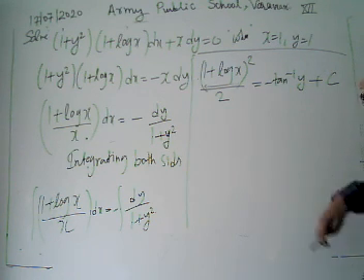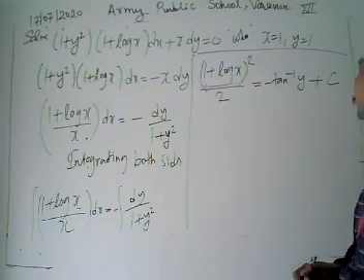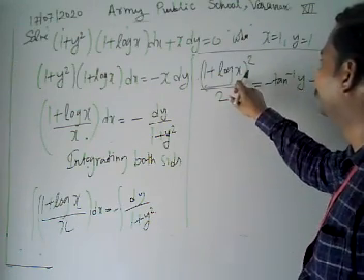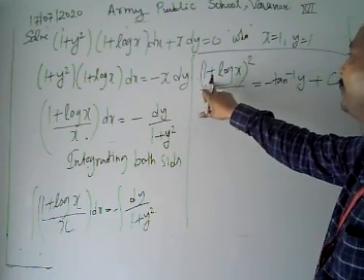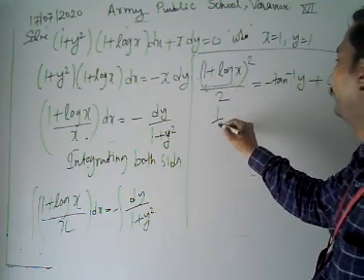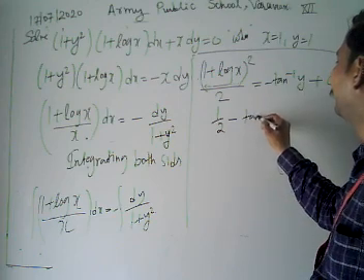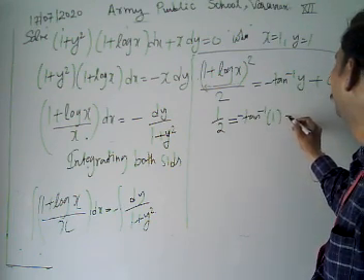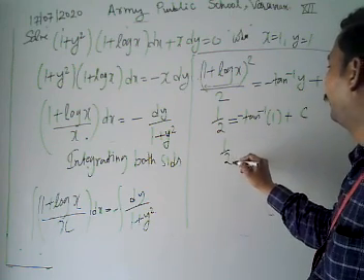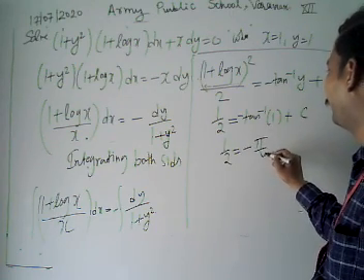We have to put the condition now. When x is 1, y is 1, log 1 is 0, so we have 1 by 2 equal to minus tan inverse 1 plus c, then 1 by 2 is equal to minus pi by 4 plus c.